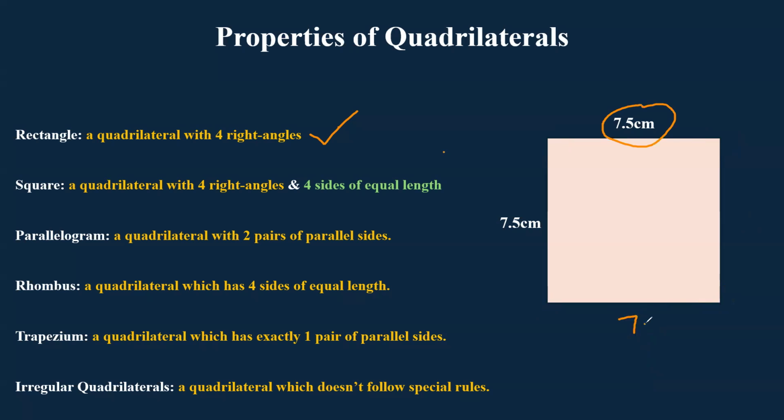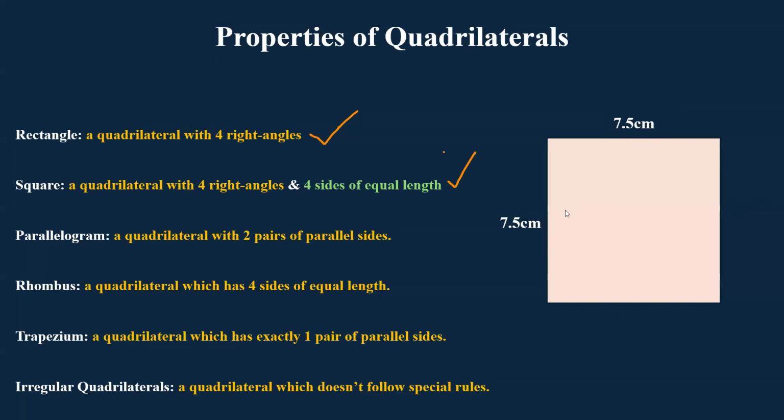So we know that it's 7.5 centimeters down here as well. And the same can be said for the right side. The right side is the same size as the left side. Therefore, we know its size is also 7.5 centimeters. So it must be a square because it's got 4 right angles and all of its sides are equal. So it has 2 classifications. Or does it? Let's go to the next person.